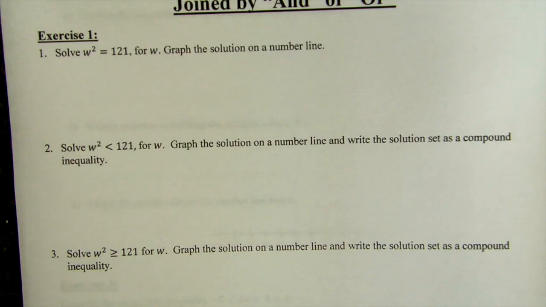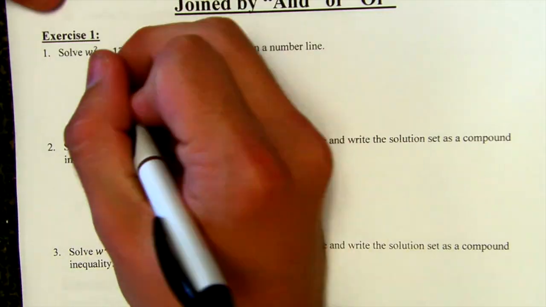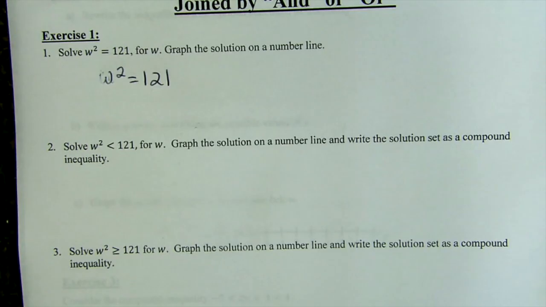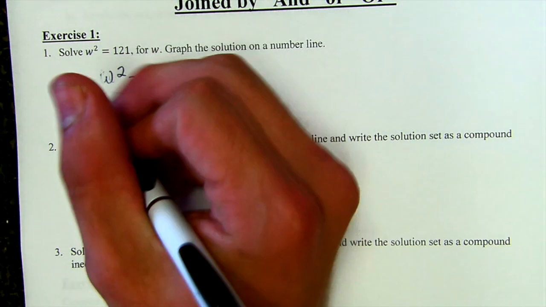So what we're going to have to do first is solve for w. Let's start with w squared is equal to 121. If we have w squared and we want to get w, we're going to have to take the square root of both sides, because the opposite of square is square root.